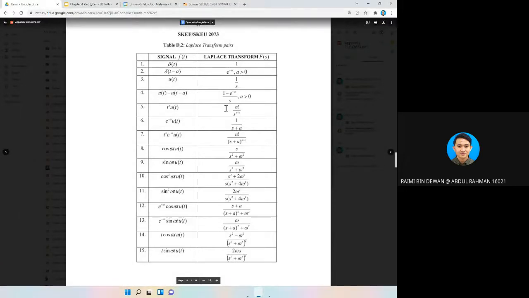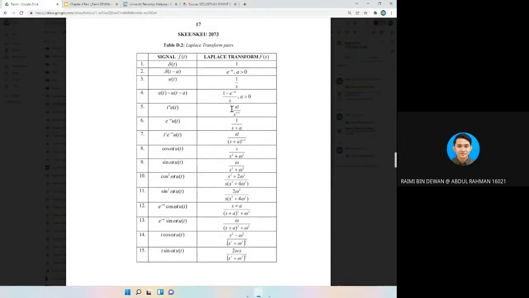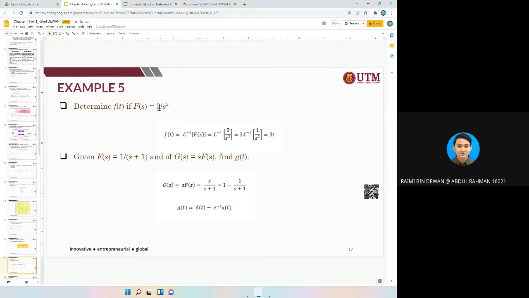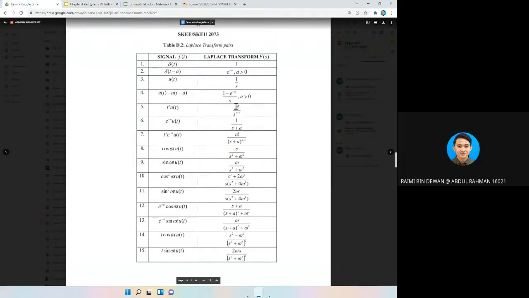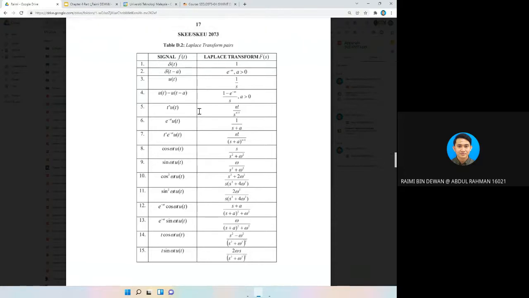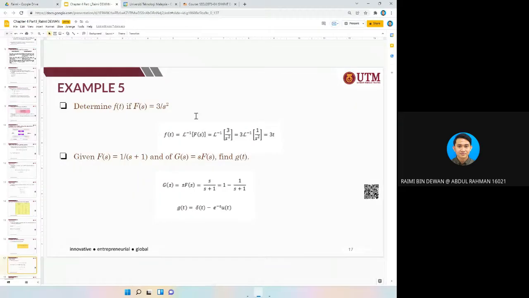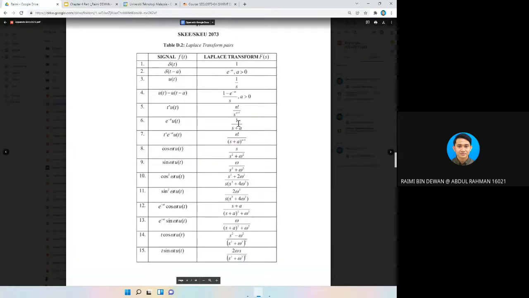You see here, the question is 1 over s squared, so your t is actually 3 to the power of 1 times 3, because the 3 is the constant, so 3t. You can see, right, it is directly related to the table.